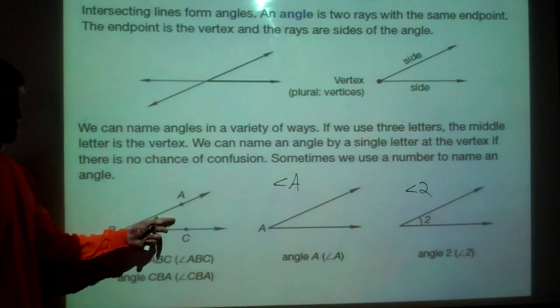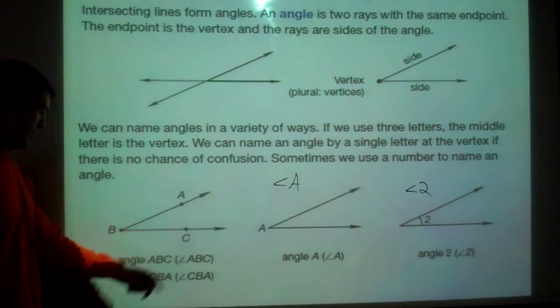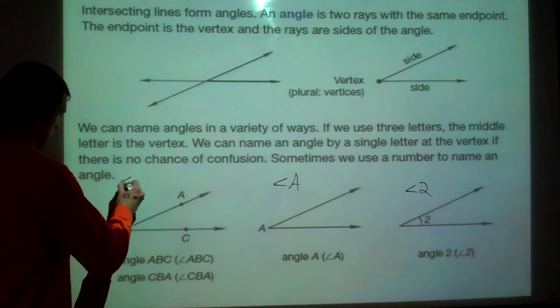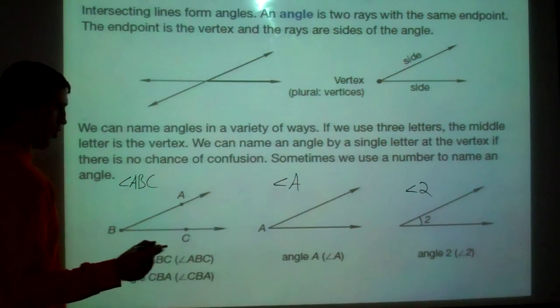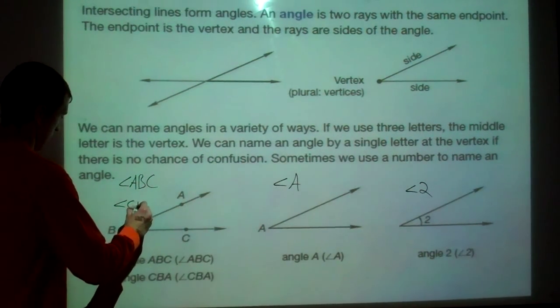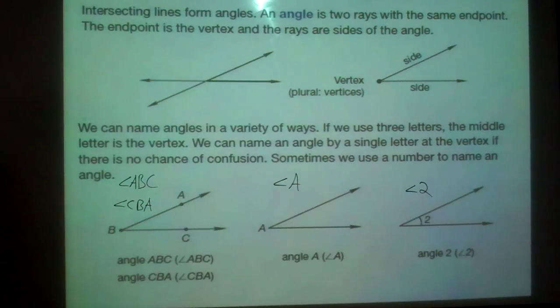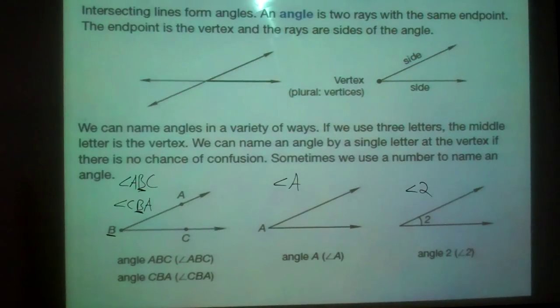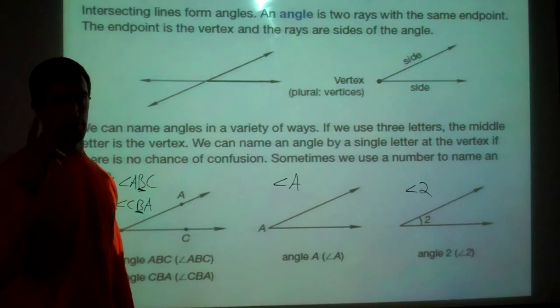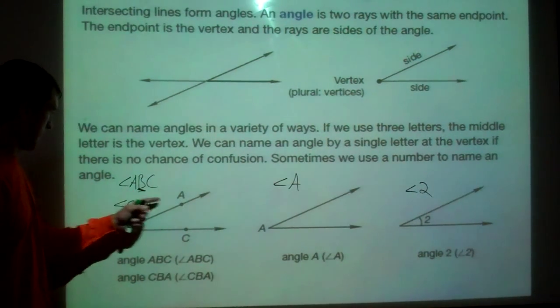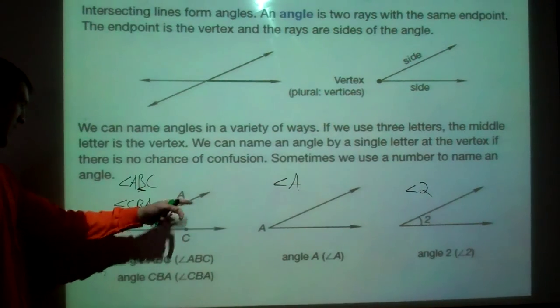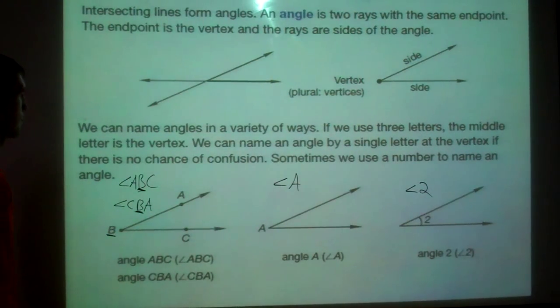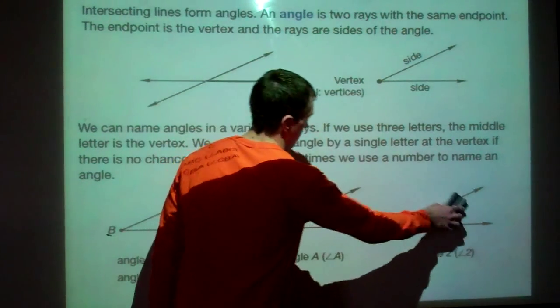Now, when we have 3 letters, A, B, and C, we have to say angle ABC, or we have to say angle CDA. Now, these are the only 2 names that this angle can have, and the vertex always has to be in the middle. So if you ever have 3 letters for your angle, the vertex always has to be in the middle, which gives you 2 different names for any angle. So ABC, or CDA. Remember, vertex, middle. So that's some notation for angles there.